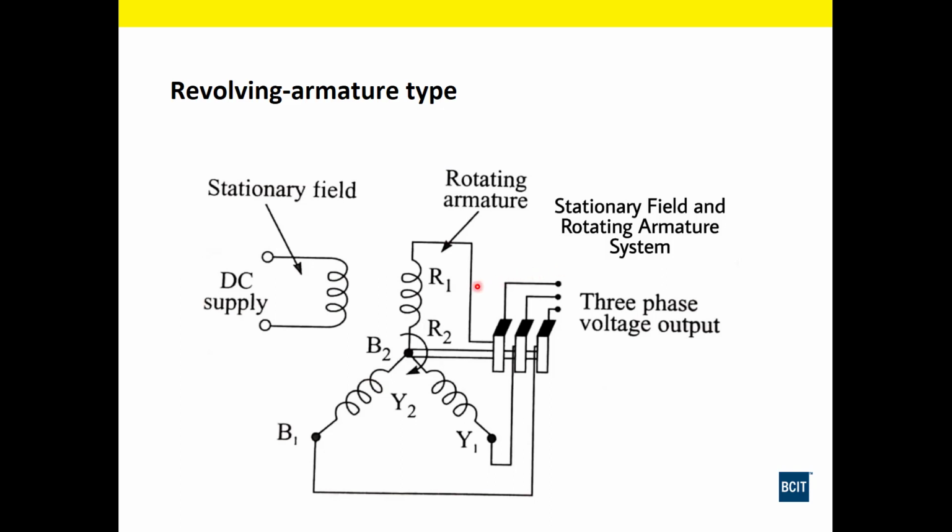When we look at the revolving armature schematic here, we're going to have a Y connected load, which is pretty common for that type of configuration to have a Y connected armature. Then it's going to be rotating, and we're going to have a stationary DC field.